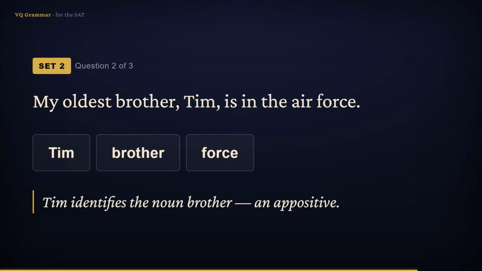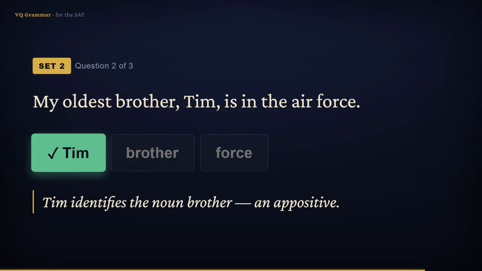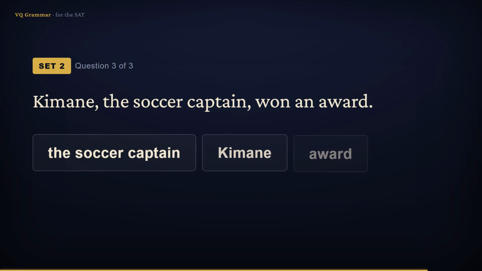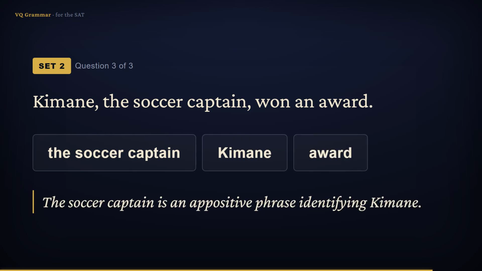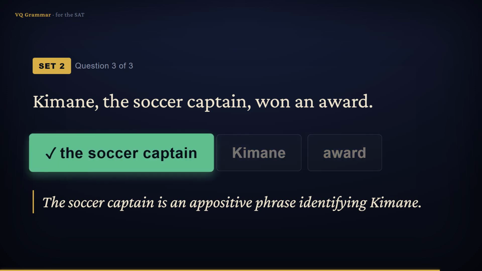Tim sits beside brother, renaming him, and it's set off with commas. So the appositive is Tim. "Kimane, the soccer captain, won an award." The phrase the soccer captain renames Kimane, telling us who she is. So the appositive is the soccer captain.